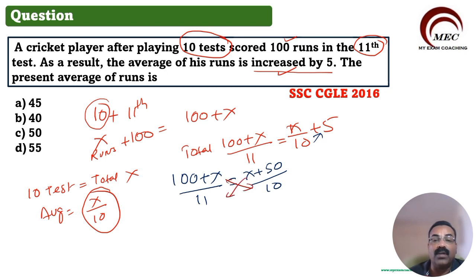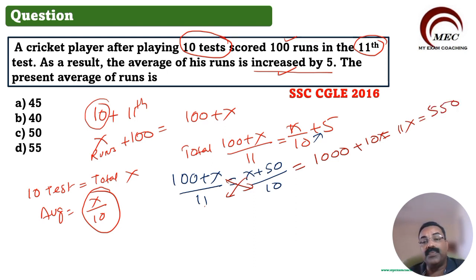So we will get 100 into 10 will become 1000, 10 into X will become 10X, will be equal to 11 into X will become 11X, and 11 into 50 will become 550. So now you can see 10X here, 11X here. So there will be equal to 1X. This will be plus.